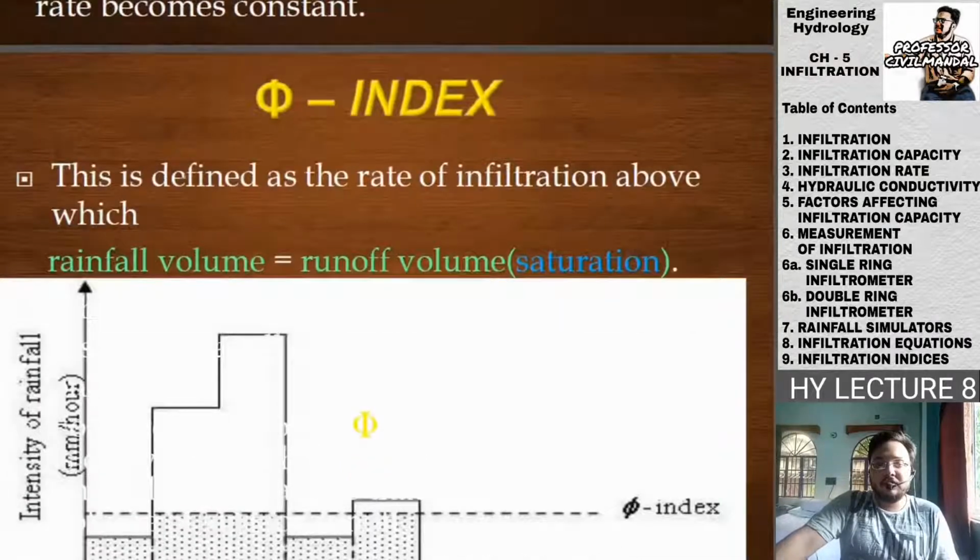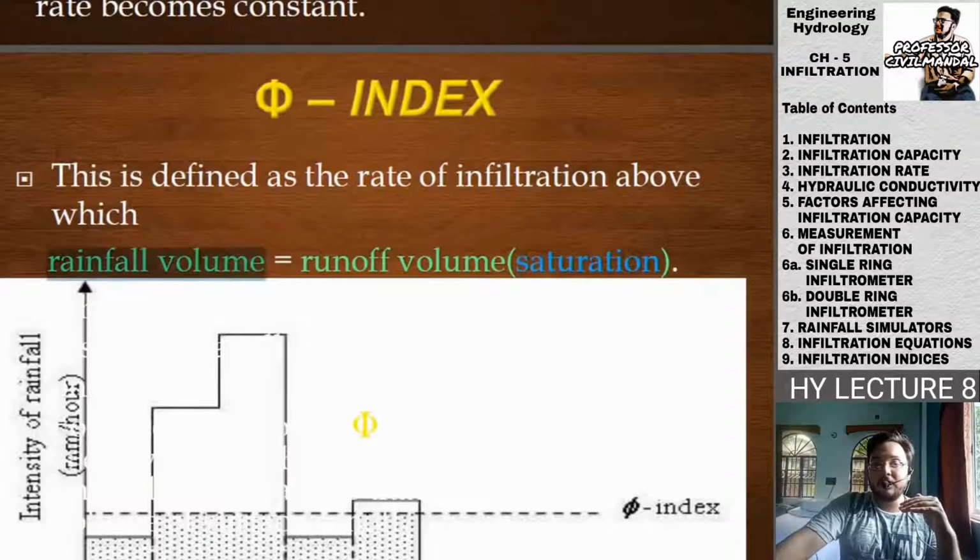This is defined as the rate of infiltration above which the rainfall volume is equal to the runoff volume, that is the saturation point. So phi index is that point of time where the rainfall volume is equal to the runoff volume, that is saturation.